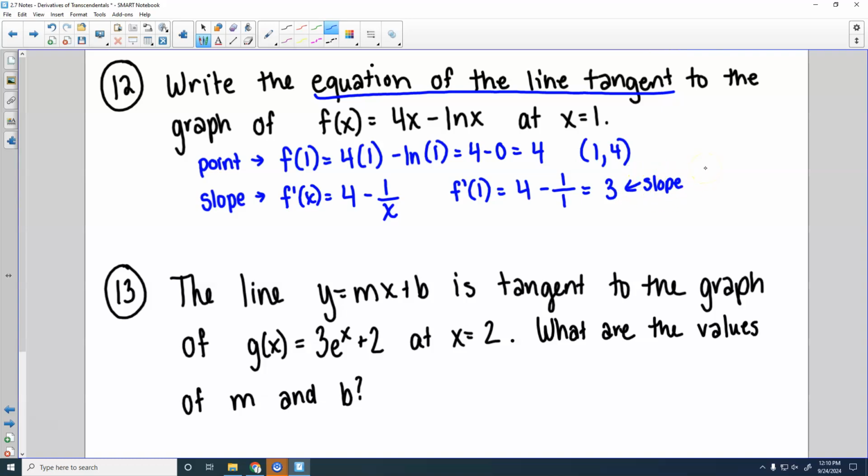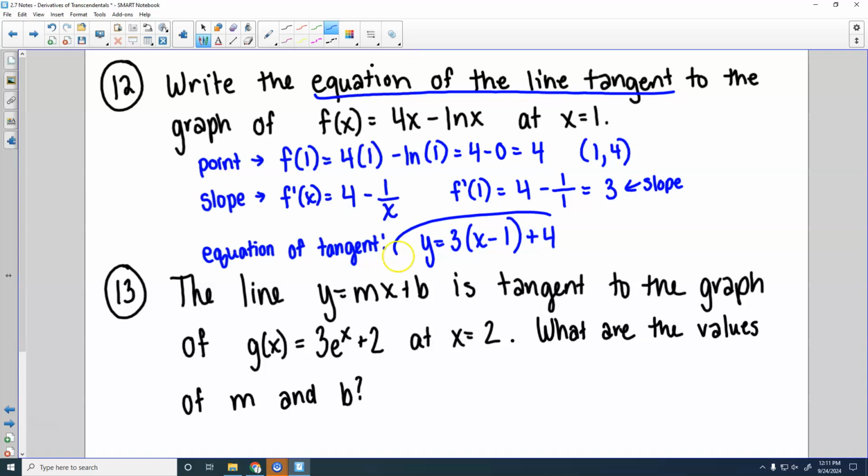So finally, we're going to write our equation of the tangent line. And here is where we use our point slope form, which is y equals m, which is the slope, so that's 3, times x minus x1, our x coordinate is 1 right there, plus y1, which is 4 right there.